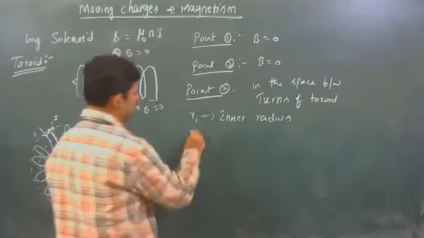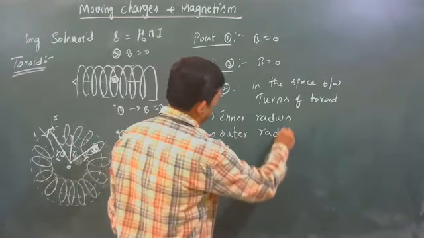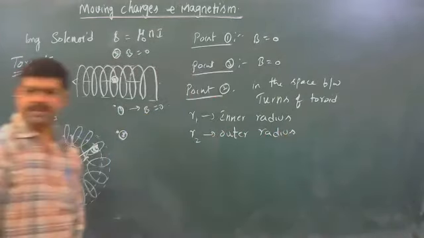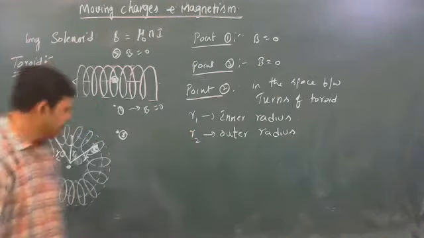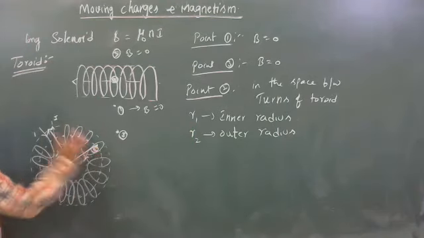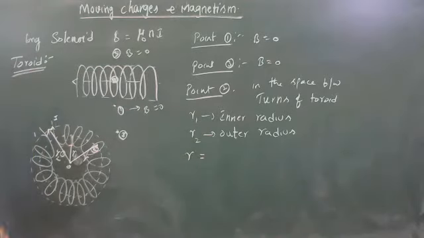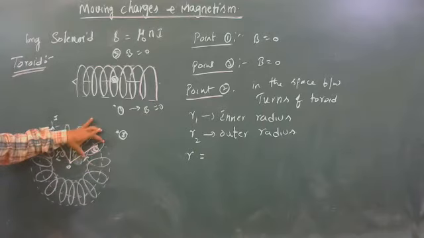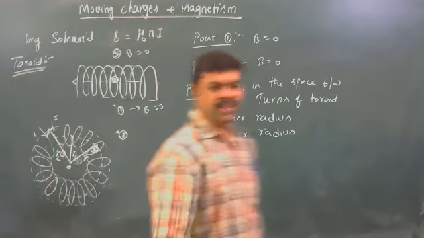In the problem generally they give this R1 and R2. Then what is this R, sir? Then R is equal to what we can take? That is the point in the middle between these. So what is R here?